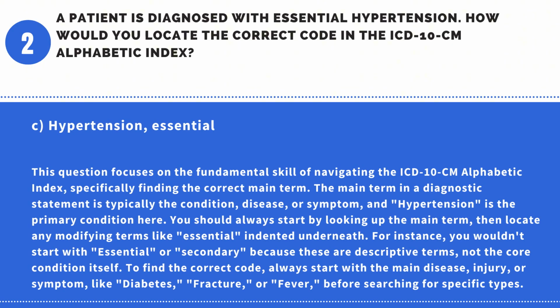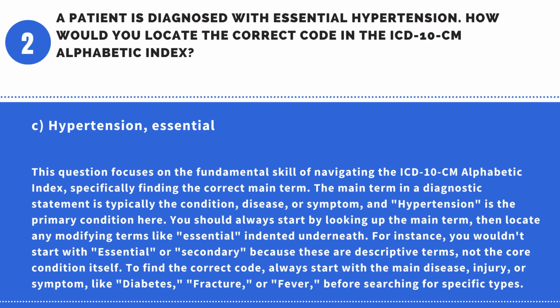Answer: C. Hypertension, essential. This question focuses on the fundamental skill of navigating the ICD-10-CM alphabetic index, specifically finding the correct main term. The main term in a diagnostic statement is typically the condition, disease, or symptom, and hypertension is the primary condition here.